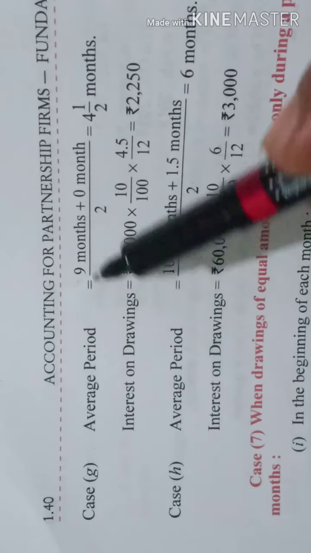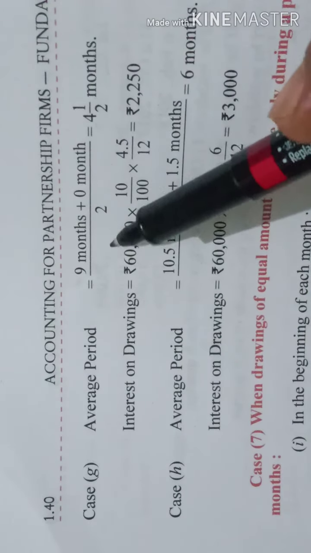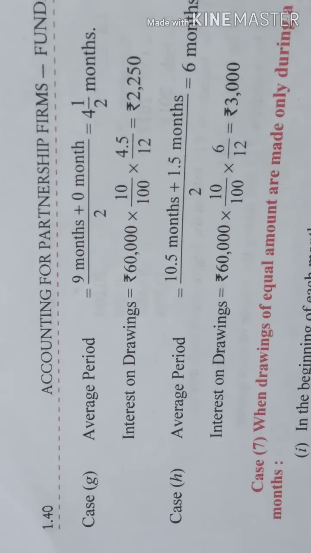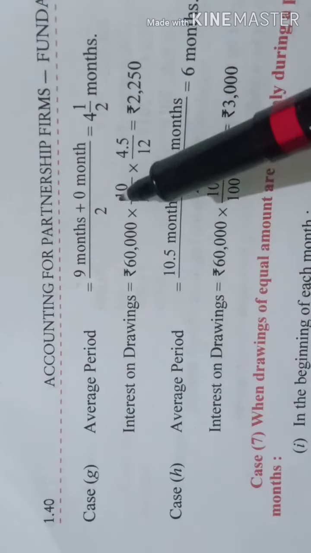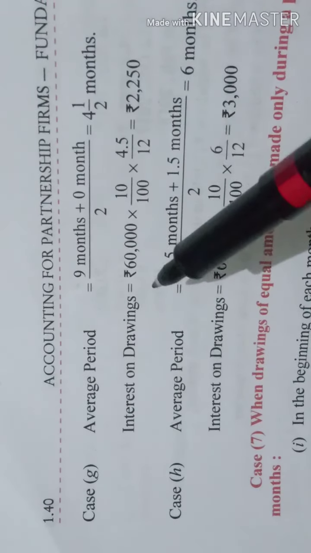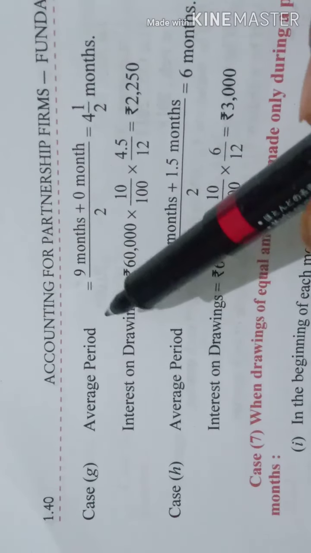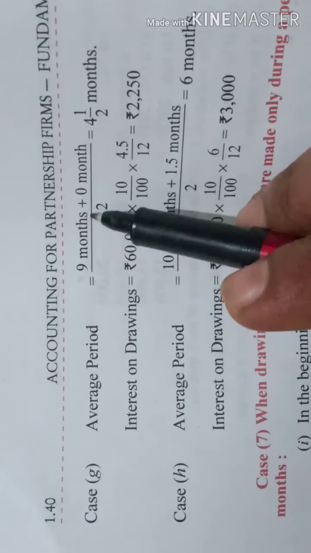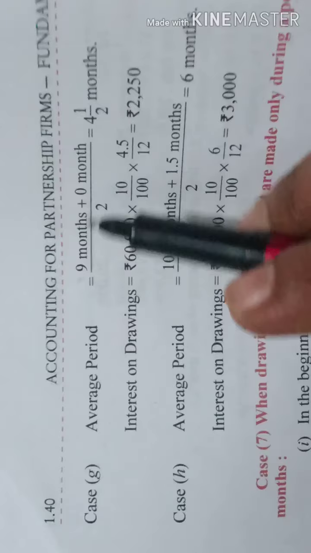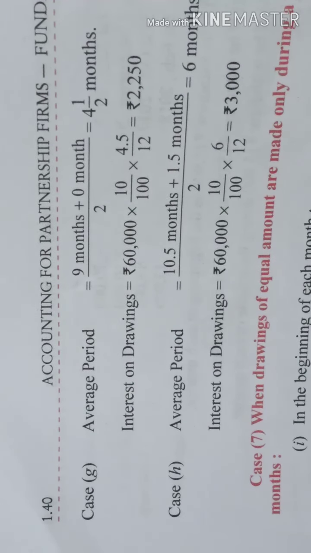The next case is when we go for the withdrawal at the end of every quarter. Now if we are going for the withdrawal at the end of every quarter, how will we calculate the average month? Fine. So what is the time period left after my first withdrawal? That is 9 months. Now what will be my time period left after my last withdrawal?